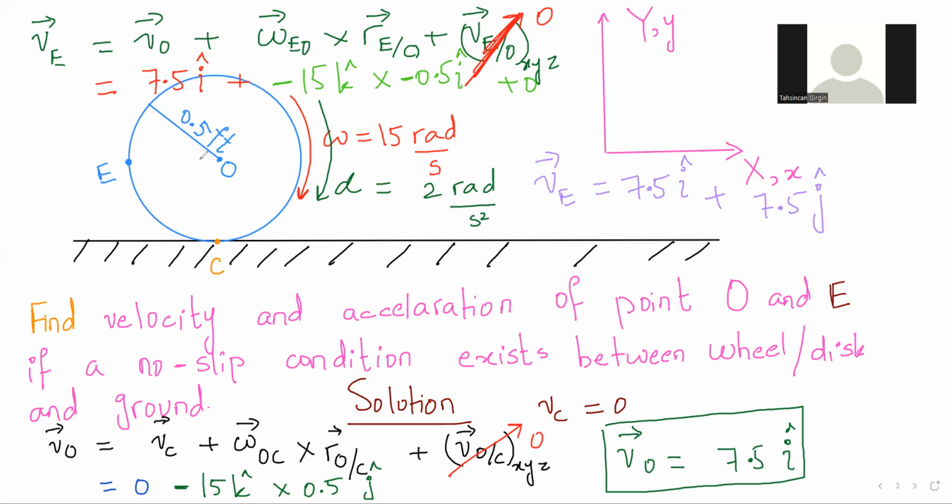So velocity of E is 7.5 I. Really? Oh yeah. The whole object is going towards the right. Every single point is going towards the right. So 7.5 I. But the funny part is that since the disk is rotating, this point also wants to go upward, right?